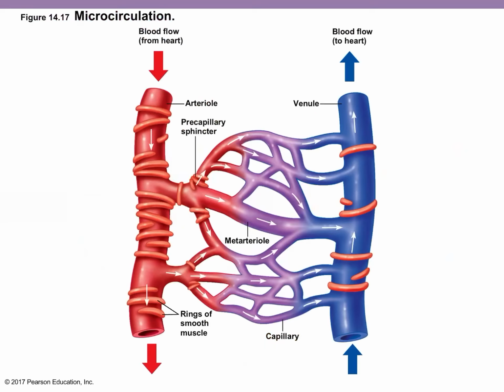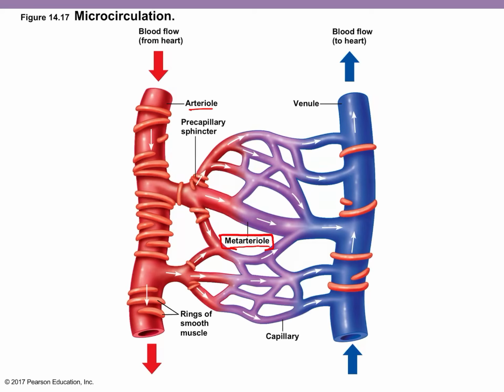So here is our microcirculation image. We have our arterioles branching to a capillary bed, and then that capillary bed leading to a venule. So let's look at our meta-arterioles.